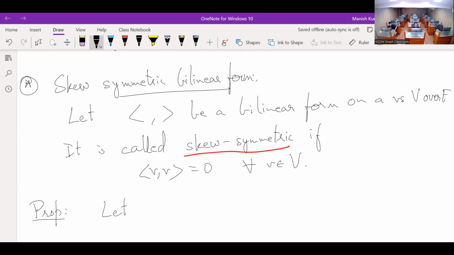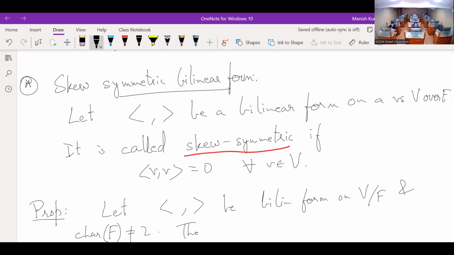So maybe a proposition. Let this be a bilinear form on V over F, and suppose the characteristic of F is not 2. So the field has a characteristic. So 2 is invertible in that field.